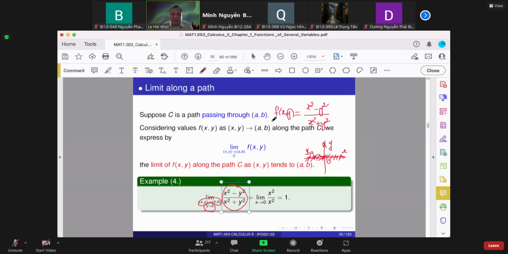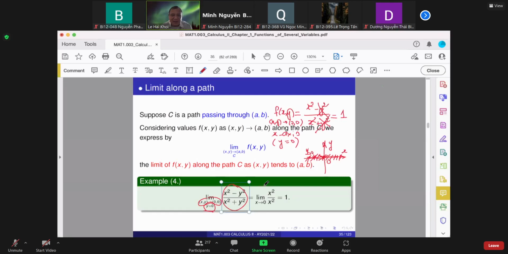Now let me see. (x, y) tending to (0, 0) on the x-axis, that is y equal to 0. So y equal to 0. In this case, you may eliminate this because y is 0. And in this case, you have 1.